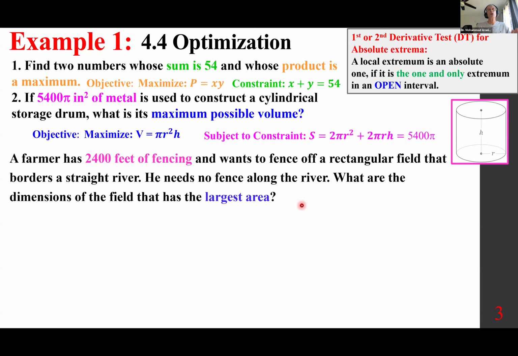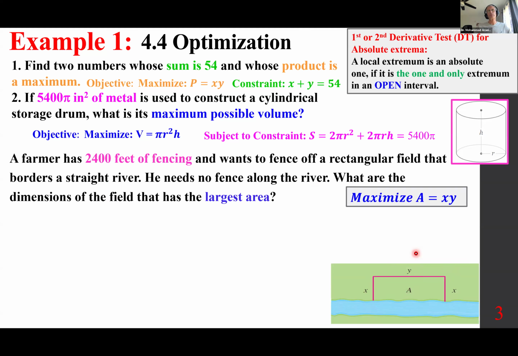First and foremost, you must draw the setting unless it's given to you. Then you have to define your variables. So the width is x, the length is y. What you want to maximize is the area, which is x times y. That is your objective. The constraint is 2,400 feet of fencing.